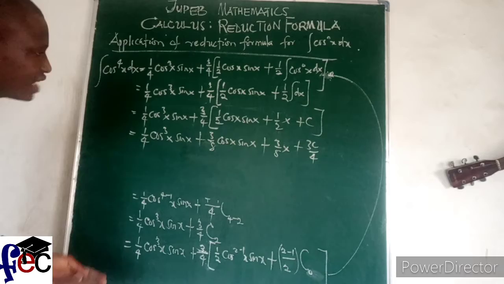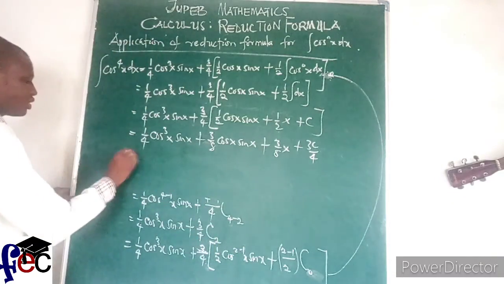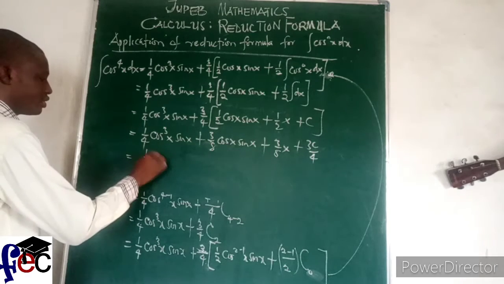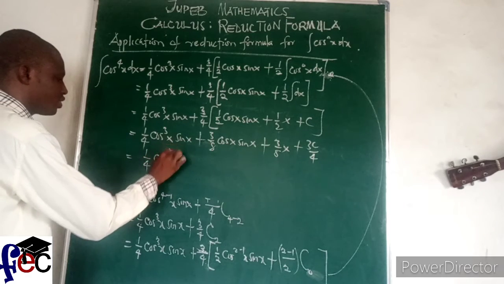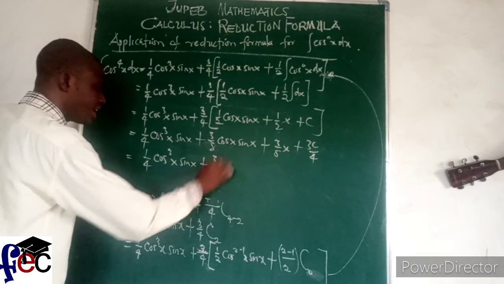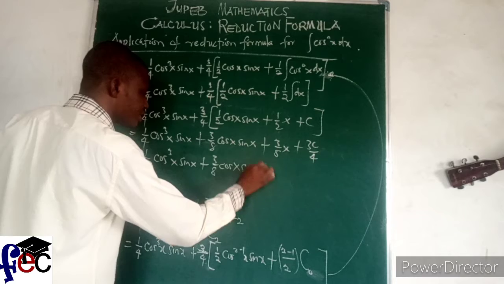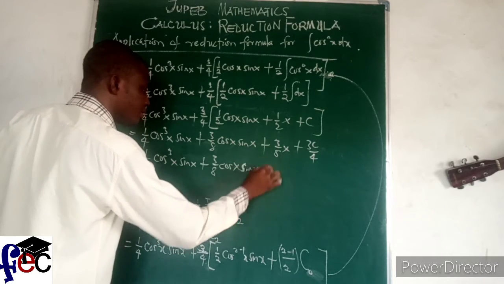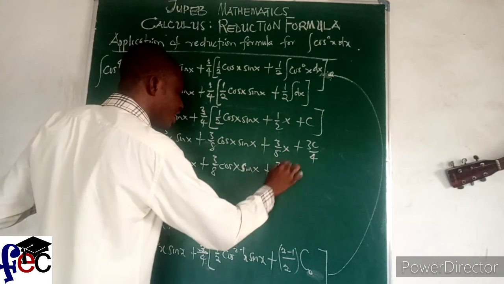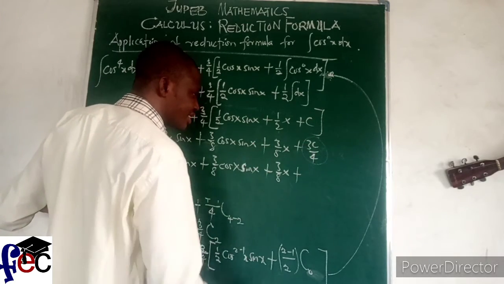So that's my final answer, but for me to be able to see the constant of integration, I will call this 1 over 4 cos cube x sine x plus 3 over 8 cos x sine x plus 3 over 8x plus, I can call this another constant.